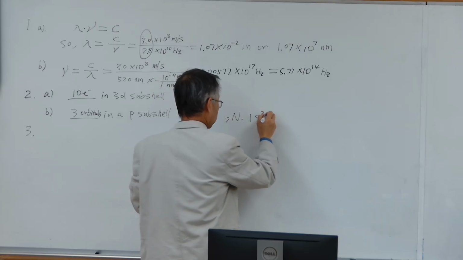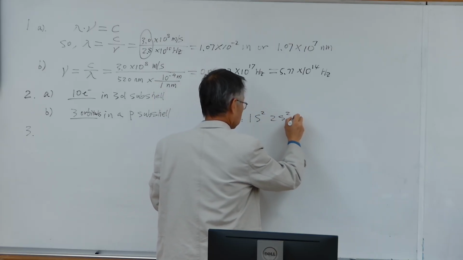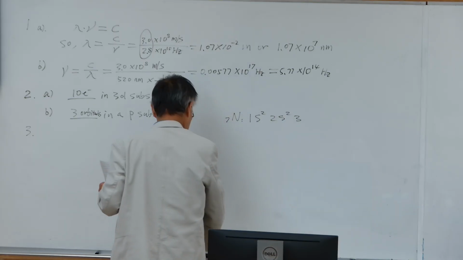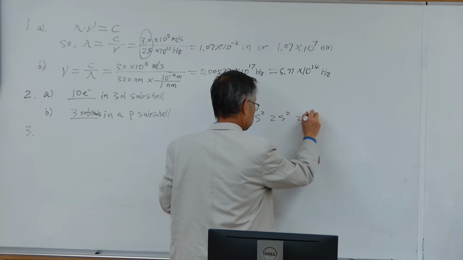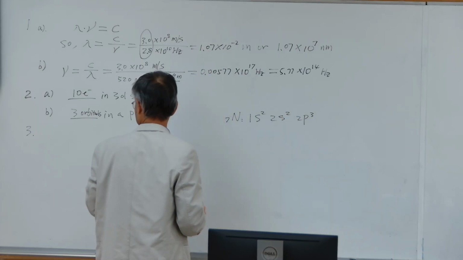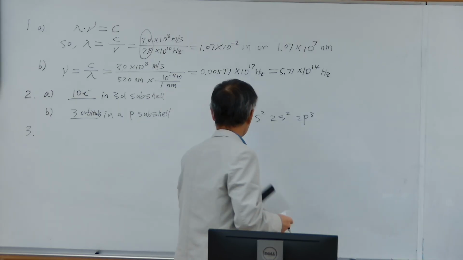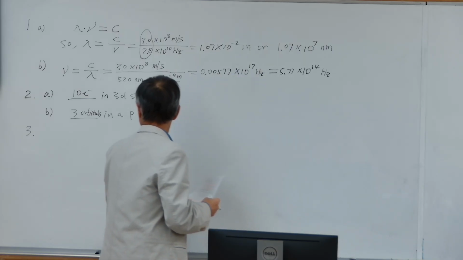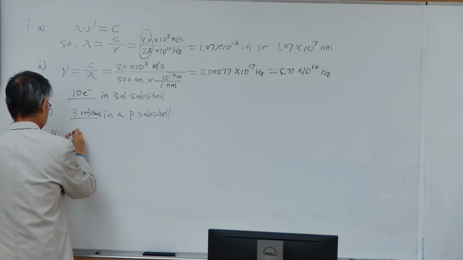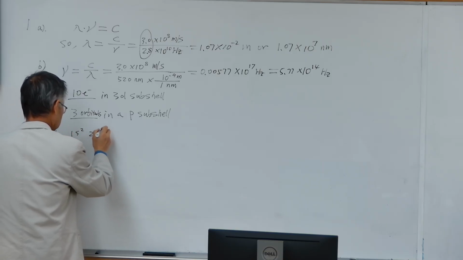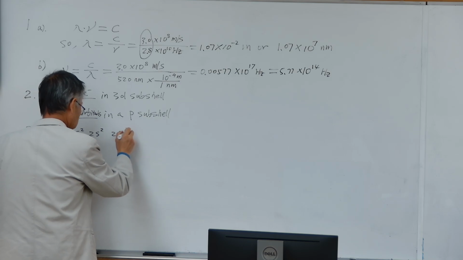So it should be 1s2, 2s2, 2p3. Right. Let's write it here. So nitrogen electron configuration will be 1s2, 2s2, 2p3.